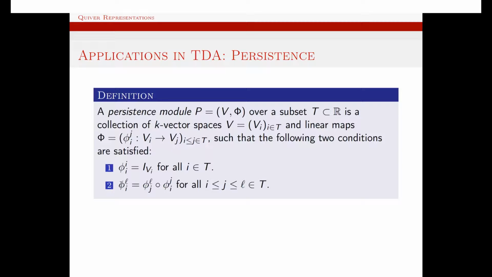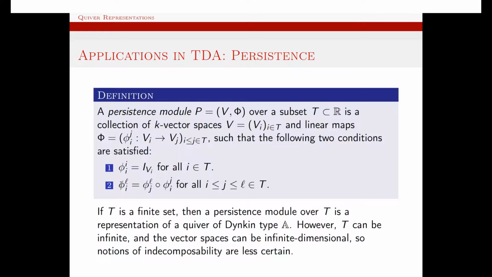This looks similar to the definition for a quiver representation. That's because if T is a finite set, then a persistence module over T is equivalent to a representation of a quiver of Dynkin type A with all the arrows pointing in the same direction.